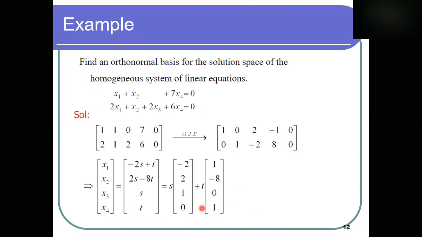Let us find an orthonormal basis for the solution space of a homogeneous system. First of all, you have to solve it with Gauss-Jordan elimination. Here we have two free variables and two vectors, and these are basically the solutions of this homogeneous equation: minus 1, 2, 1, 0, and this 1, minus 8, 0, 1.